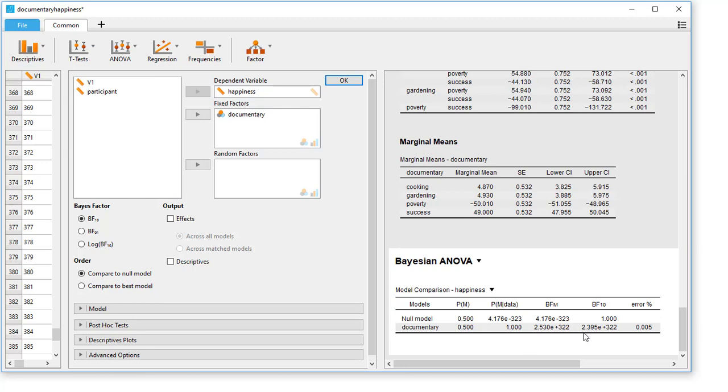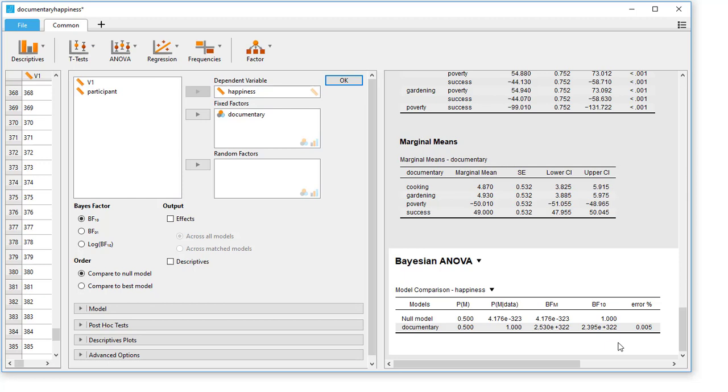So Bayes factor of 2.395 E plus 322. So a huge evidence in favor of model 1 over model 0.